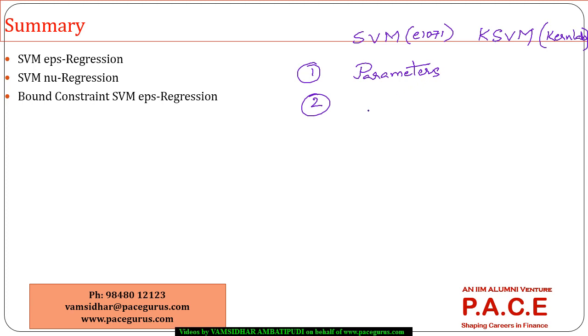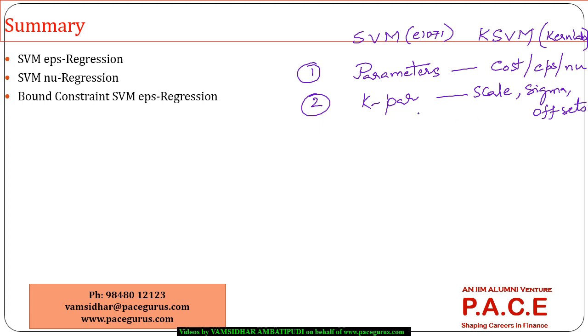There are general parameters like cost, epsilon, nu, etc. And there are kernel specific parameters for each of the kernels, the scale related stuff, the sigma value, the offset value. For each of the kernels we have specific parameters which we can alter.